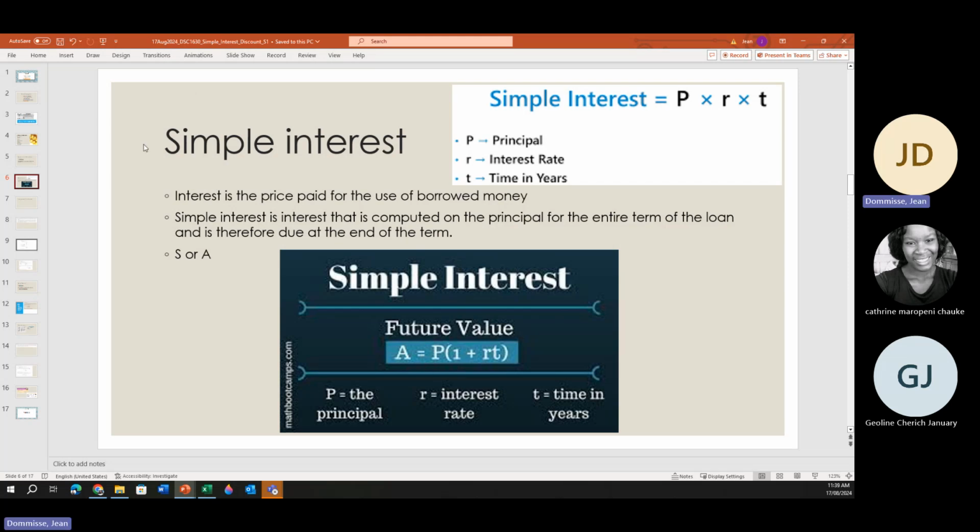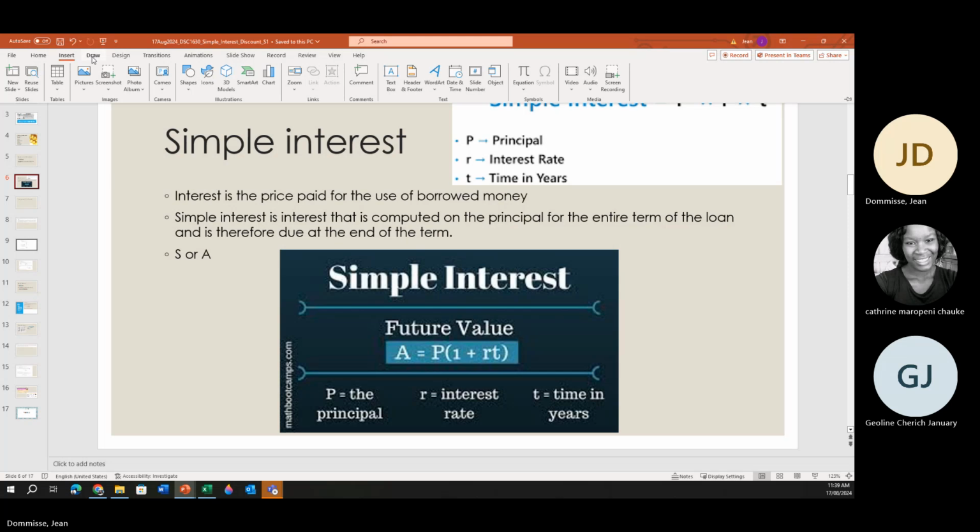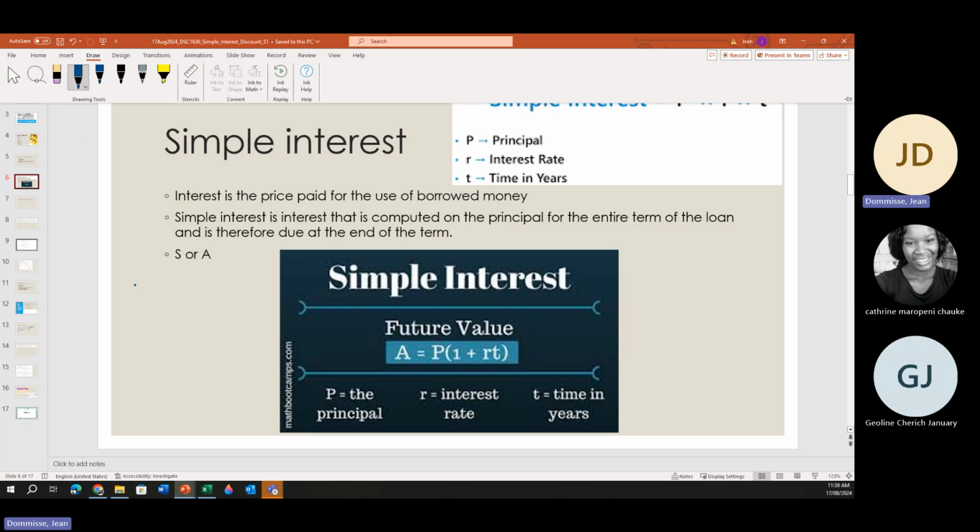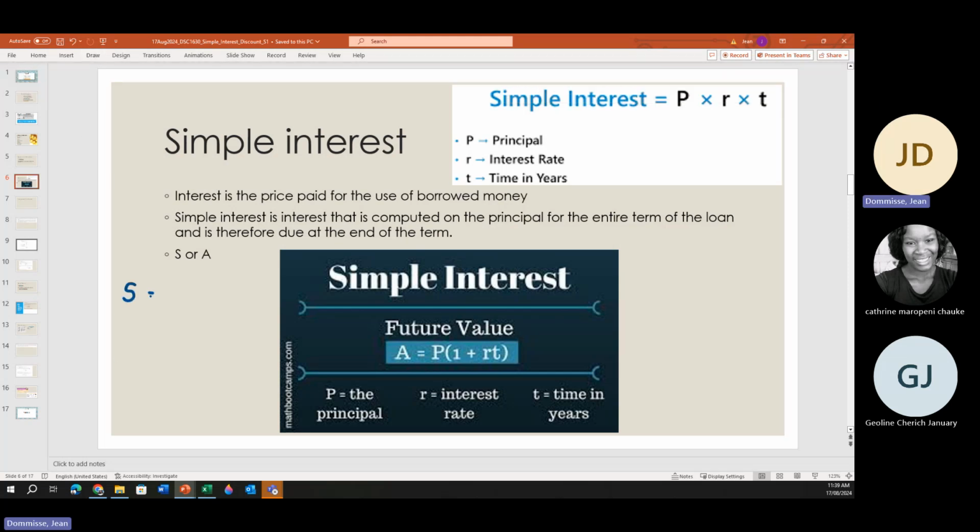You might also get formulas that look like this: 1 plus RT, so exactly the same. Then you also get sometimes where the future value is the present value times 1 plus RT. So that is just different ways of writing the formula.